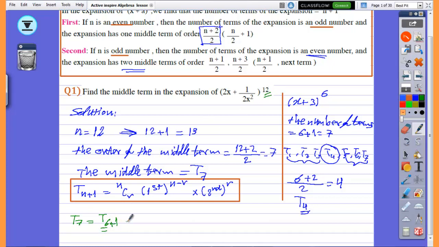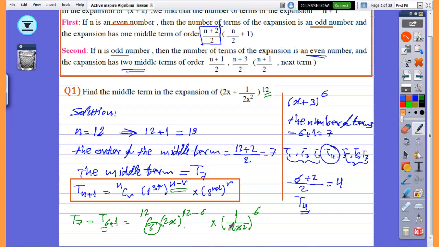So T7 equals 12C6 multiplied by the first term, which is 2x, to the power 12 minus 6 (n minus r), multiplied by 1 over 2x squared to the power r. What is the value of r? r equals 6, so we write 6.